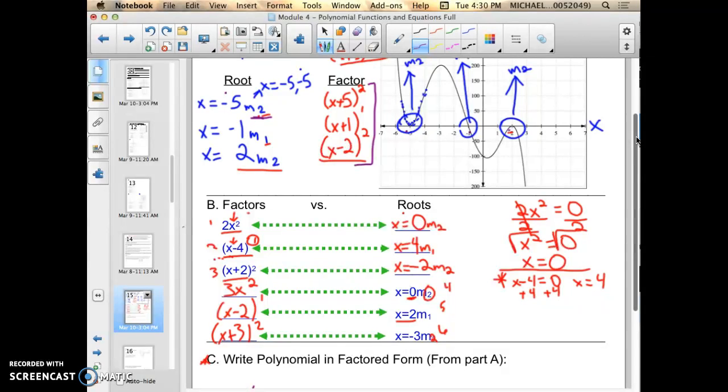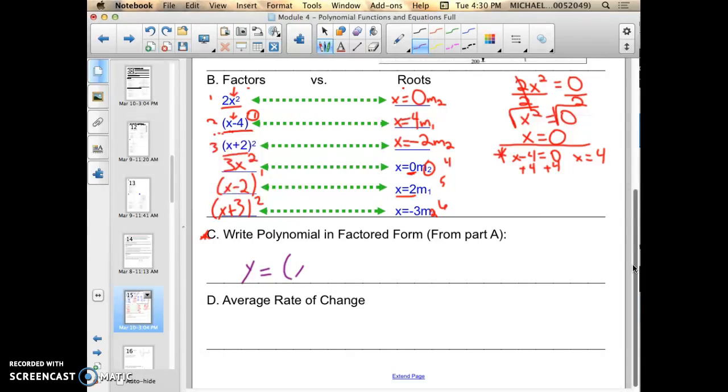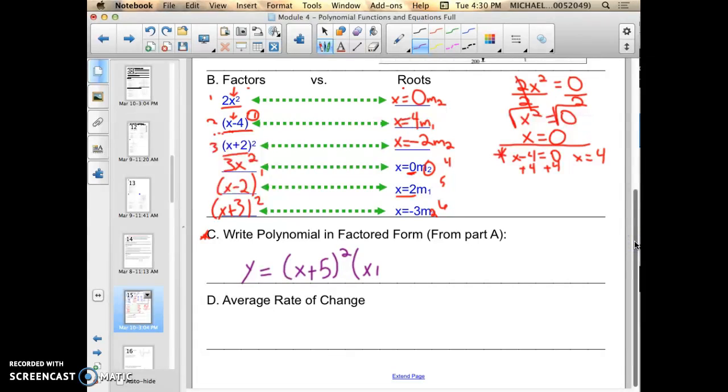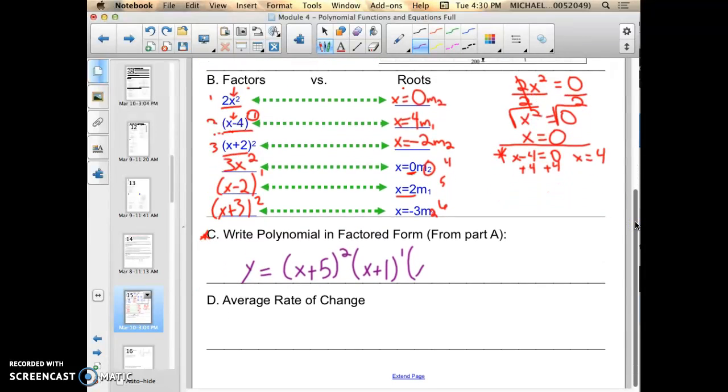So from multiplicity, it turned into a power of 2 in factored form. So my first factor is (x plus 5) squared times the next one, (x plus 1) raised to the 1. And then finally, (x minus 2) squared.